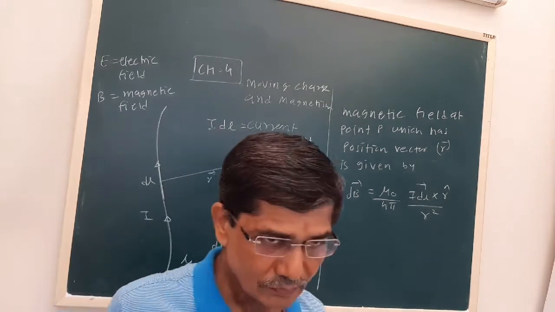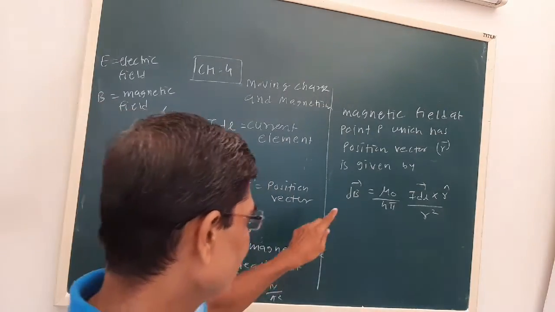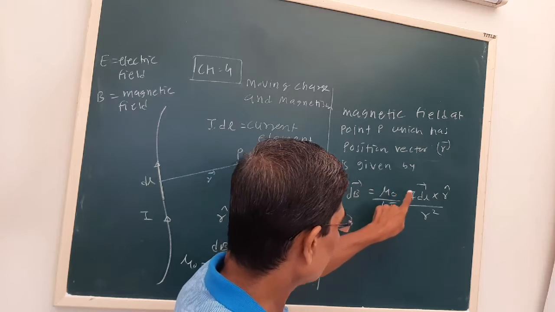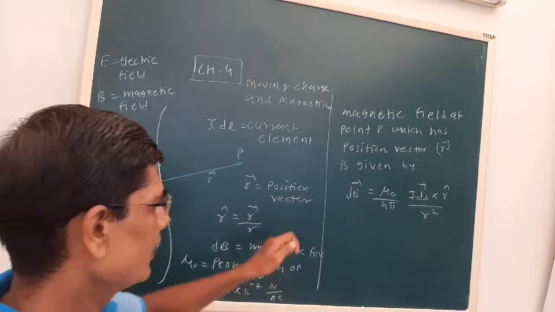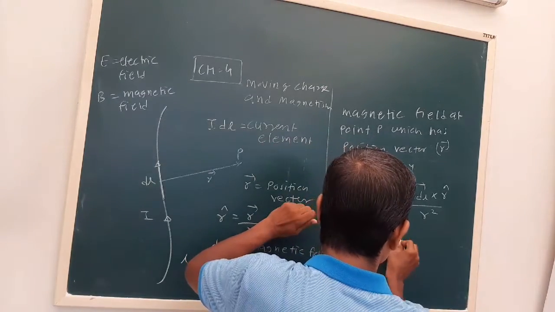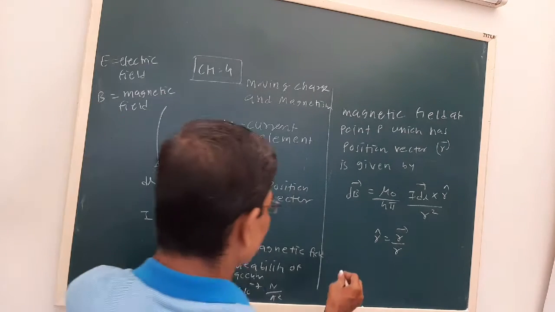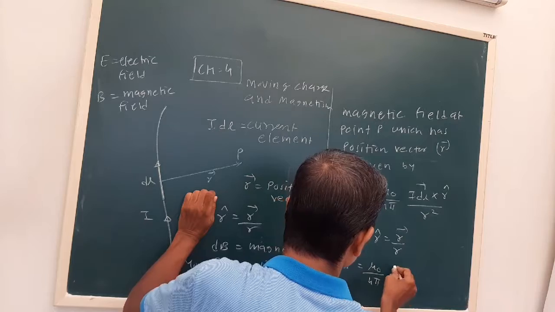More regarding the unit and dimension, we'll see later on. So dB is given by mu 0 upon 4 pi, IDL cross r caret upon r square. The r caret is nothing but a unit vector, that is r upon r. So we can write dB is equal to mu 0 upon 4 pi IDL.